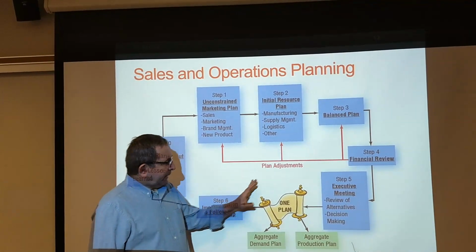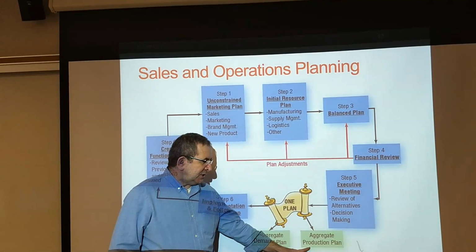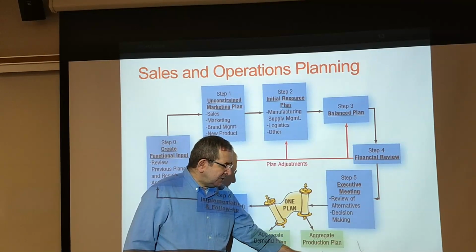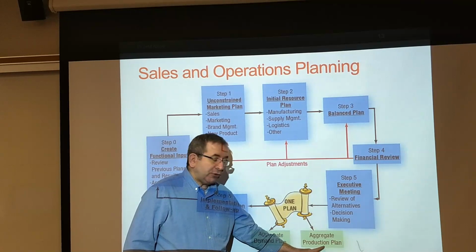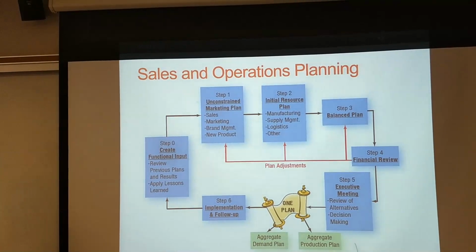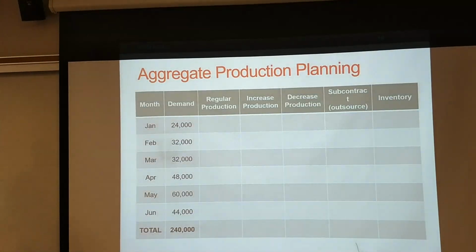So once S&OP is over, the production department needs to make an aggregate production plan, okay? And the aggregate production plan looks like this, okay?